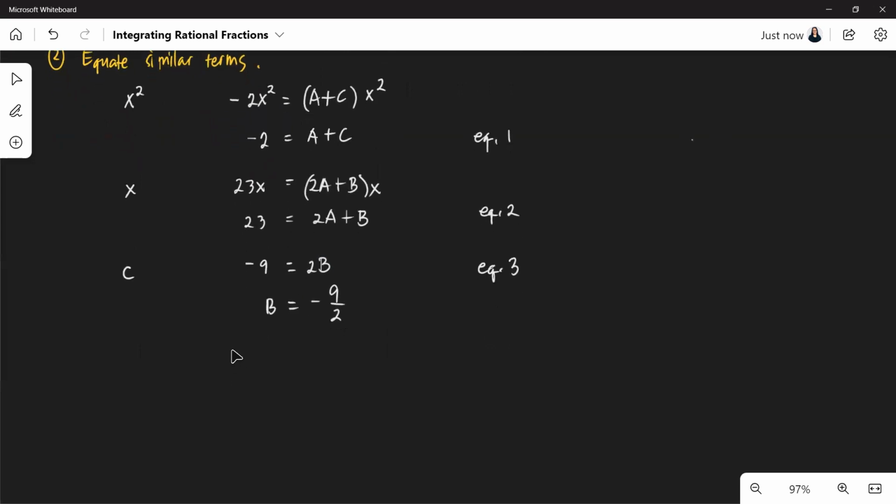For equation 2, since we already have the value of b, we can solve for a. And for equation 1, once we have the value of a, we can already solve for the value of c.